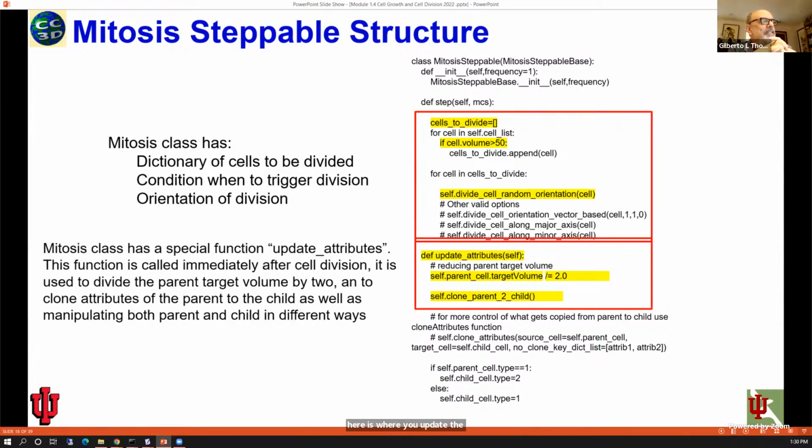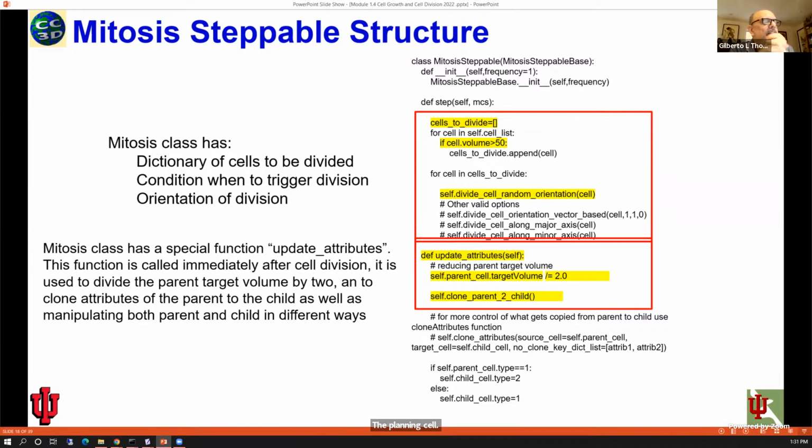I mean, first you say that just before the division, you reduce the target volume of the cell which is going to be divided by 2. It could be any value there, but here, remember, we decided to divide equally. You divide by 2, and the second line, you clone the parent cell to a child cell.